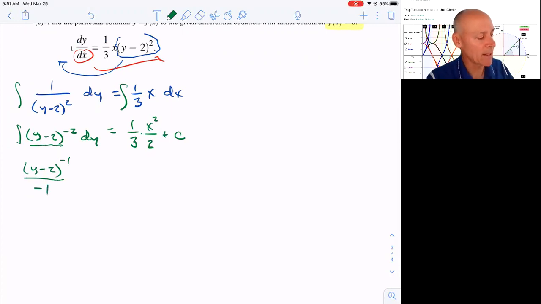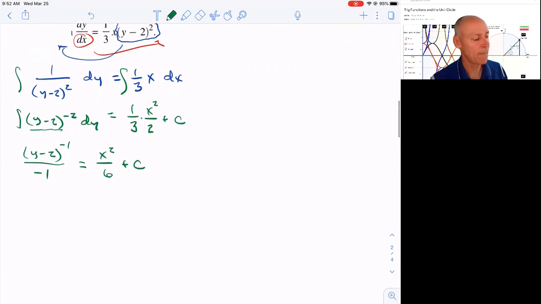So that is the antiderivative of this left side. And that's equal to, I'm going to just clean up my right side a little bit. I'm going to write that as x squared over 6 plus c. Okay. So I've taken the antiderivative of both sides of my equation. Now I'm just going to recopy this. I'm not doing any algebra.